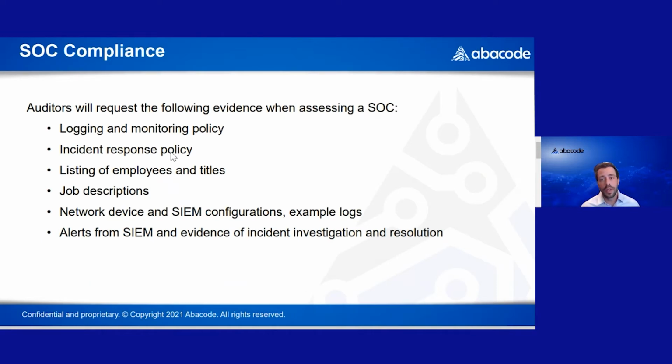So once the auditor has reviewed the policies and done interviews, and they are comfortable that you have a process in place and competent personnel running your security operations center, then they're actually going to go into the network and make sure that your network devices are configured to log security events.